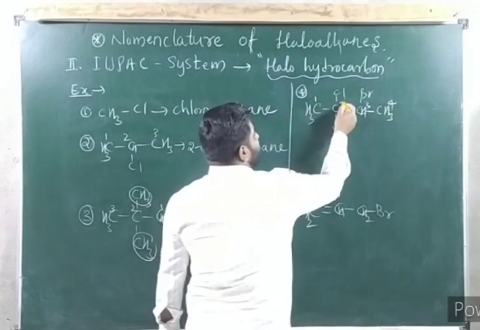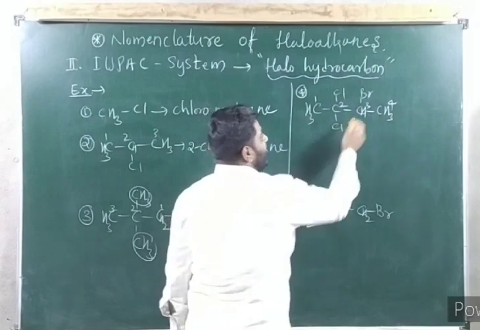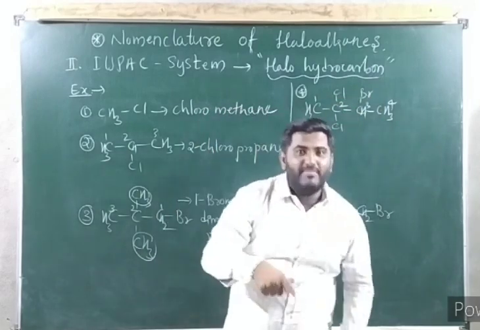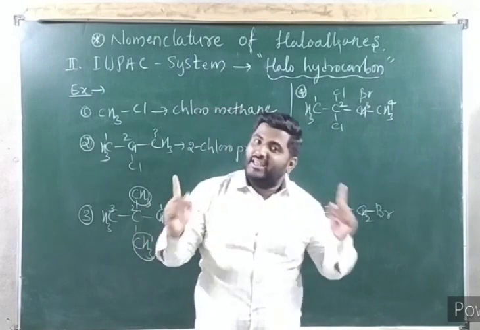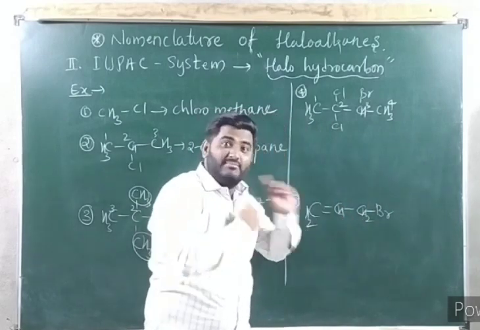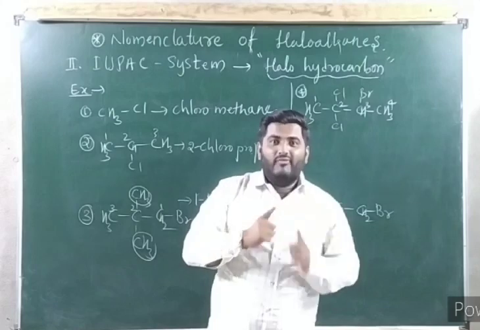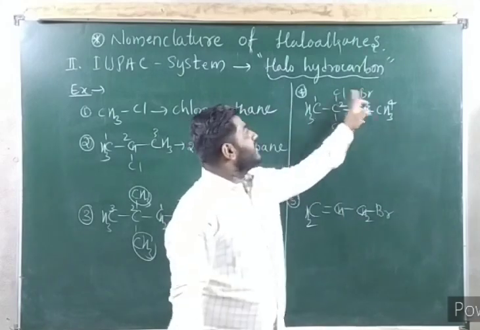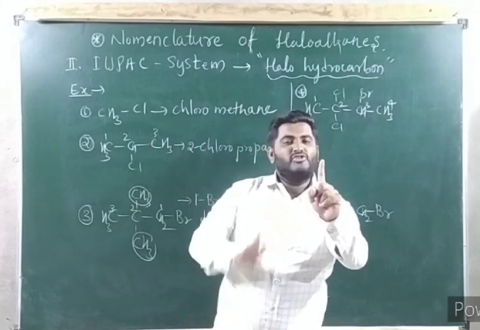So second position what is there? Chlorine group is there. Third position what is there? Bromine group is there. Now while writing the name, we have to follow alphabetical order. While writing the numbers, we have to follow the locant rule. While writing the name, we have to follow the alphabetical order. Here chloro, here bromo. C comes first or B comes first? B only.